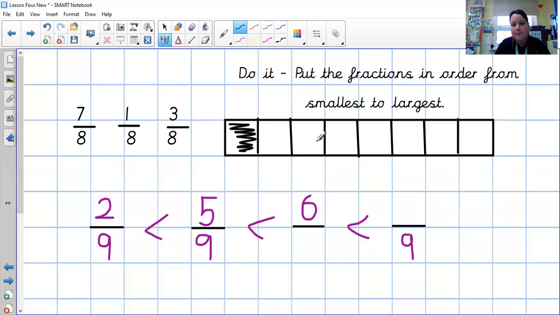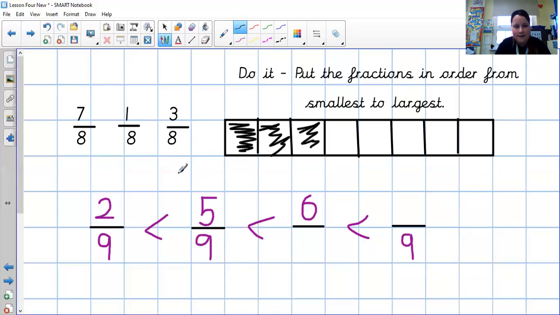So my whole is split into 8 equal parts. 1/8, 2/8, 3, 4, 5, 6, 7, 8/8, which is the same as a whole. And this time my numerator is 3. So I'm hoping, if I've ordered them correctly, that 3/8 is going to be greater than 1/8. So I'm going to have more of my equal parts shaded in. So 1, 2, 3. So 3/8 is greater than 1/8.